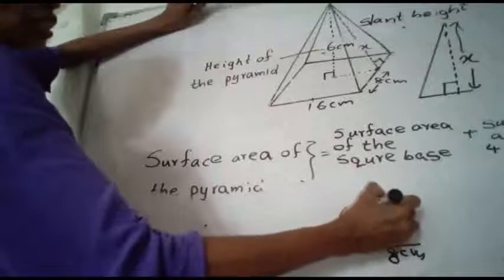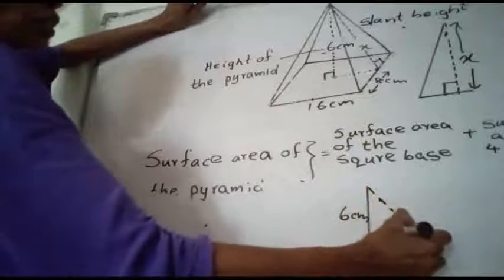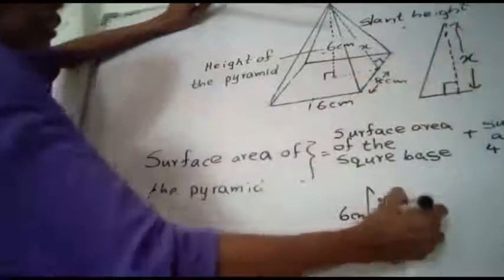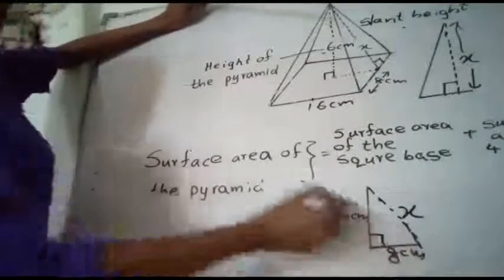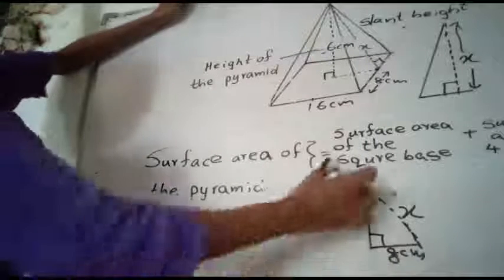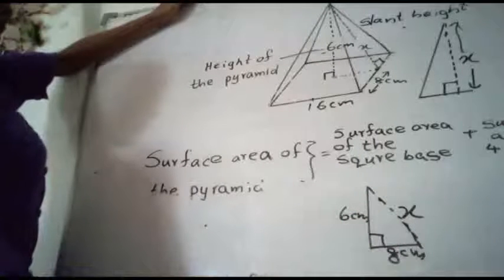Then the perpendicular height of the triangular surface is the diagonal of this right angle triangle.